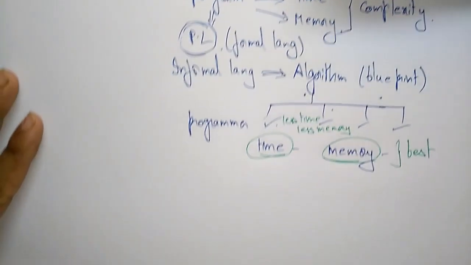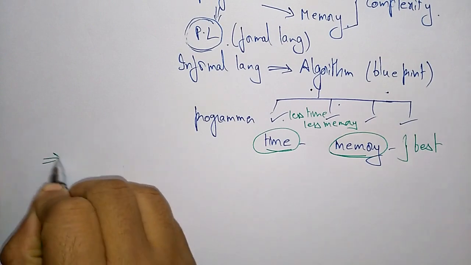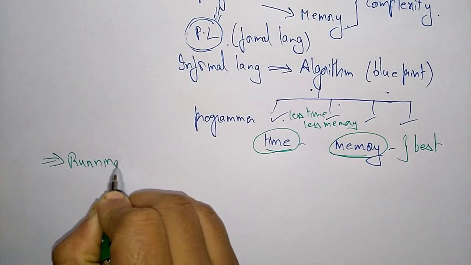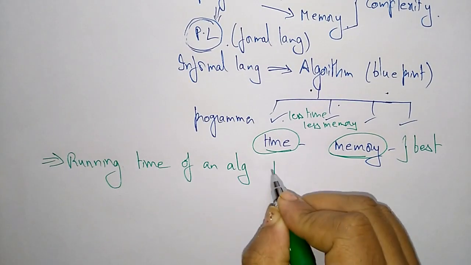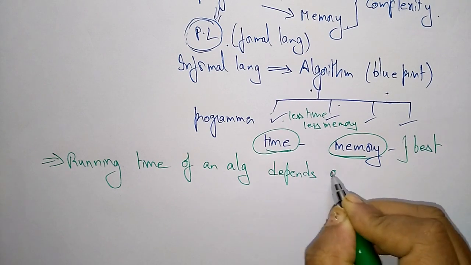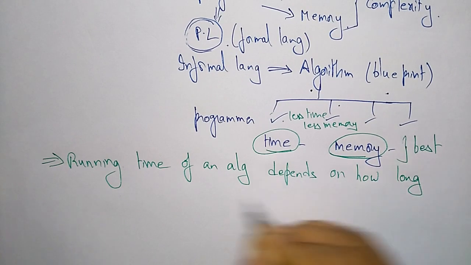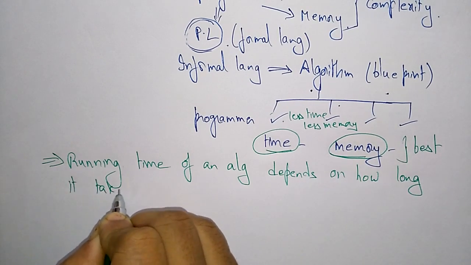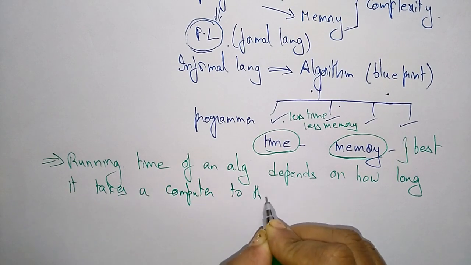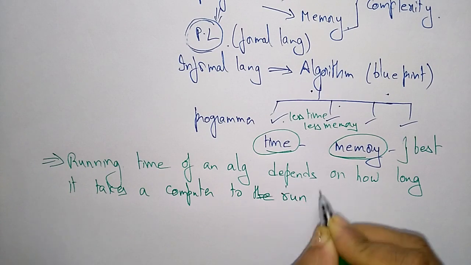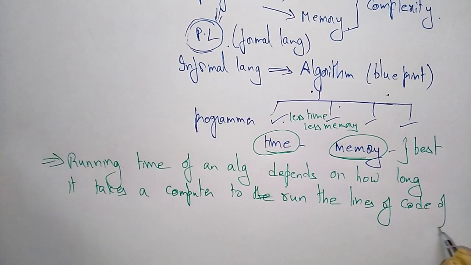Let me write: the running time of an algorithm depends on how long it takes a computer to run the lines of code of the algorithm.